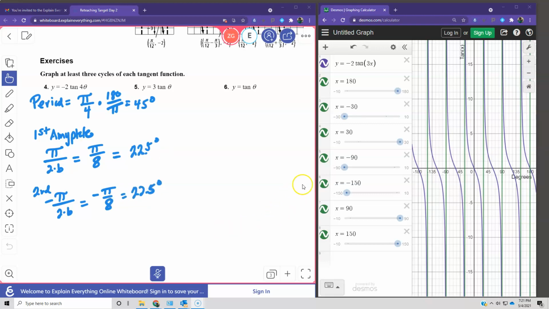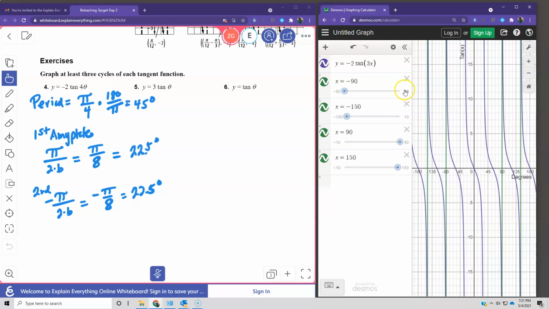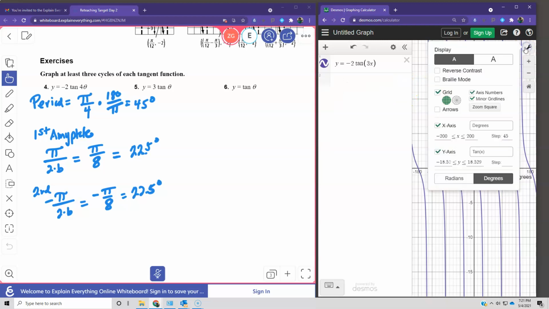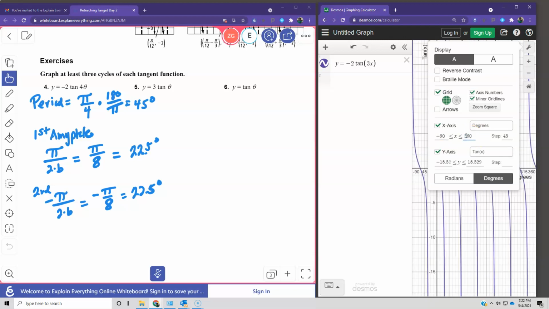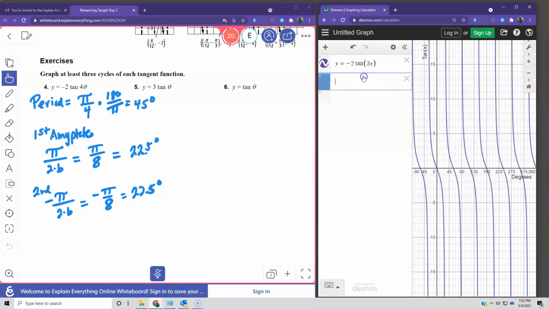Okay, so I'm going to come over here and erase all the different asymptotes. For right now I'm going to go from negative 90 to let's say 360, and I'm in degrees.